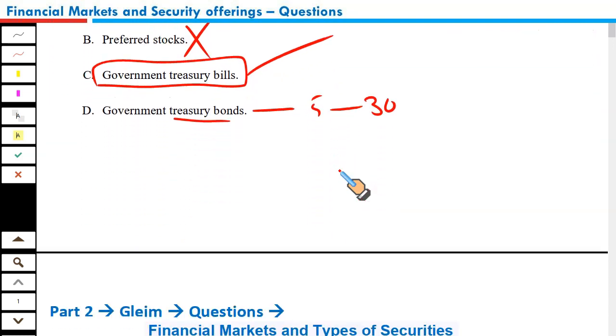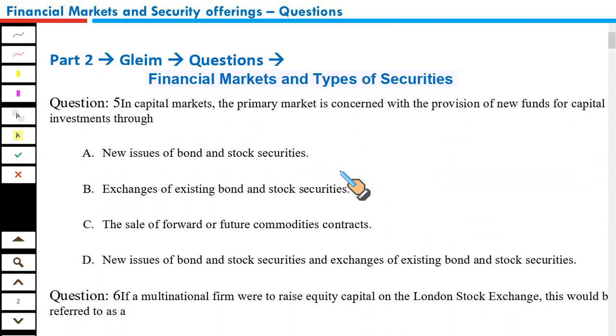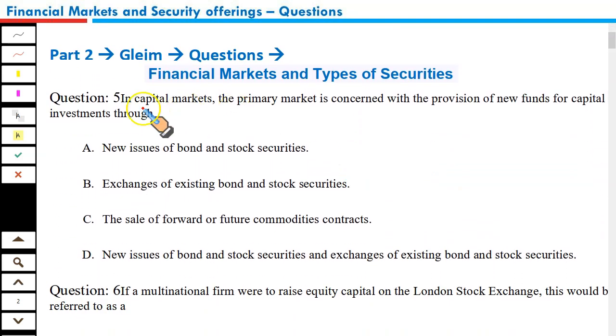Moving on. In capital markets, the primary market is concerned with the provision of new funds for capital through capital markets. When we say capital markets, we're talking about new bonds, we're talking about new stocks.